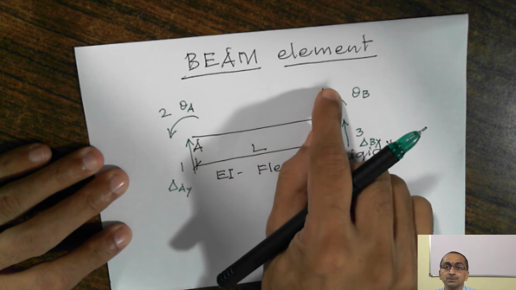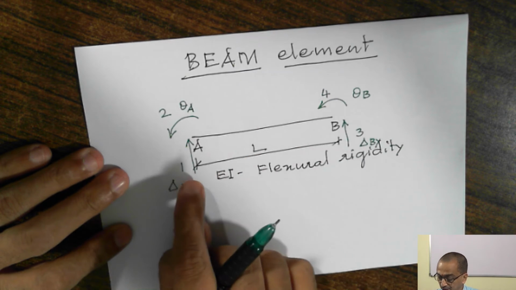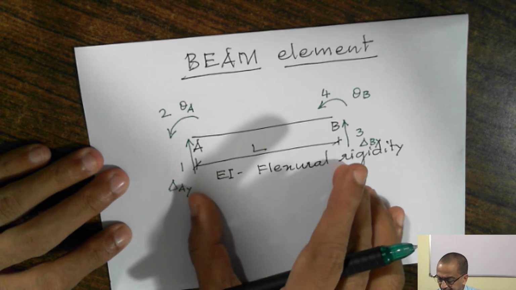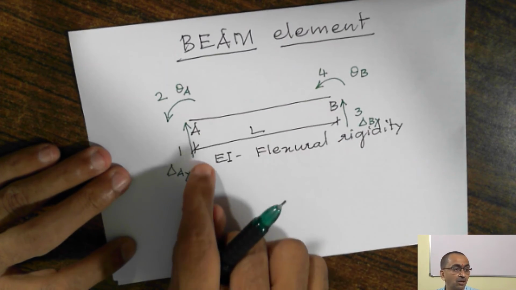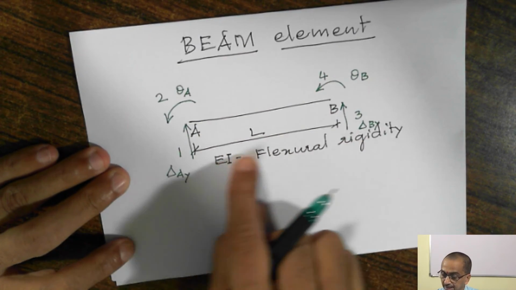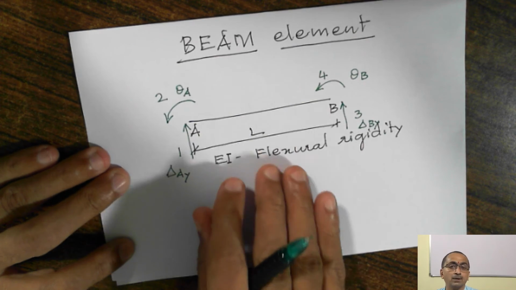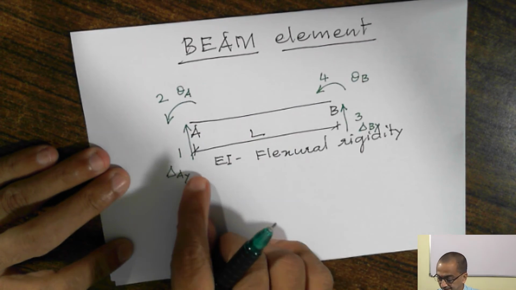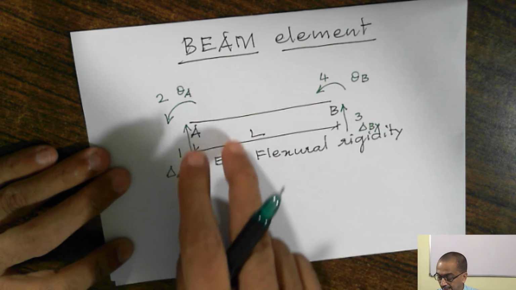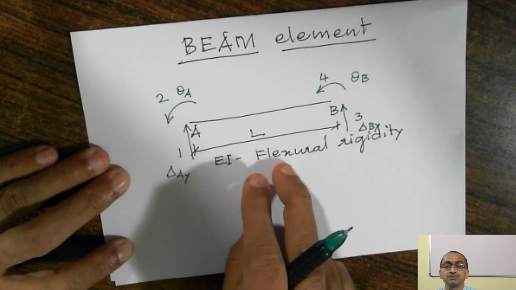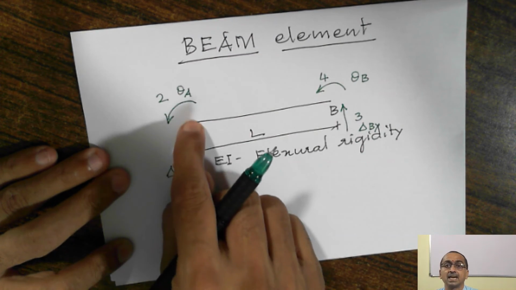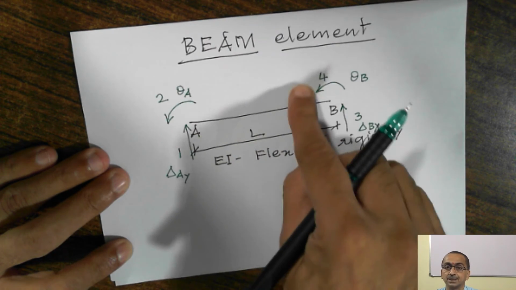These numbers will also be the same. We cannot alter these numbers. We cannot say this is 1, this is 2, this is 3 and this is 4 in some other way. All our discussions and derivations are based on this particular diagram, so one should not forget it. We will refer to this diagram quite often. We cannot change the order of the numbers, nor the directions: upwards, anticlockwise, upwards, anticlockwise.